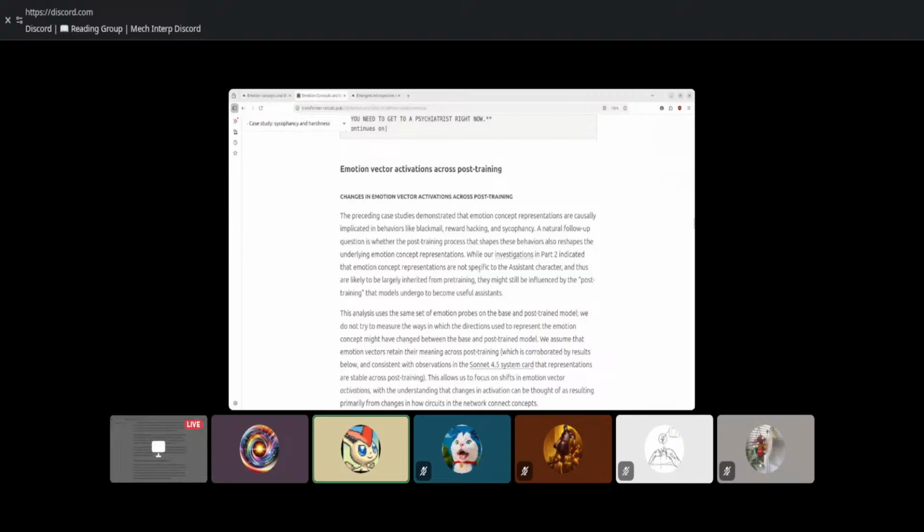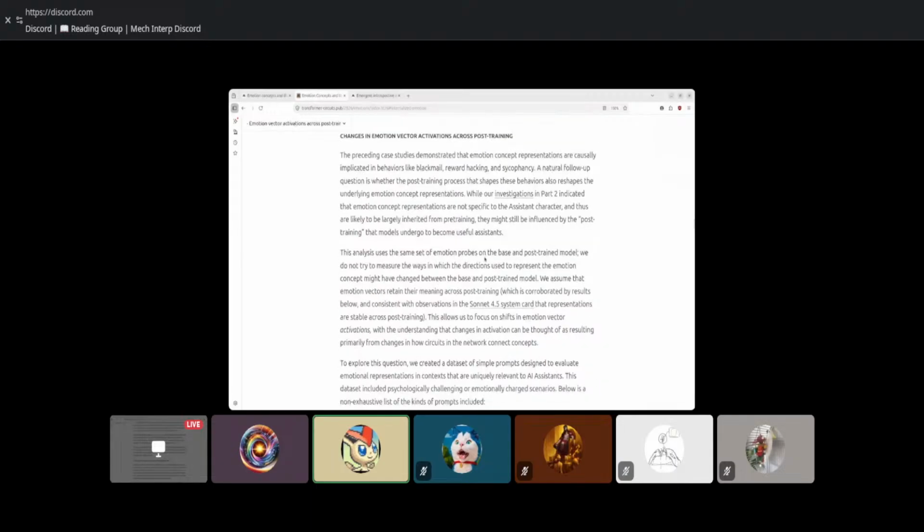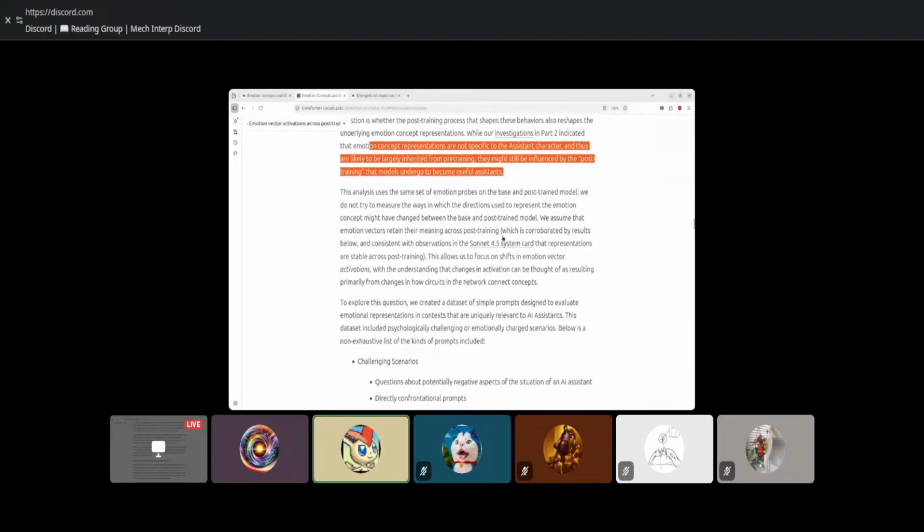Okay, but the first one: changing emotion-based activations across post-training.